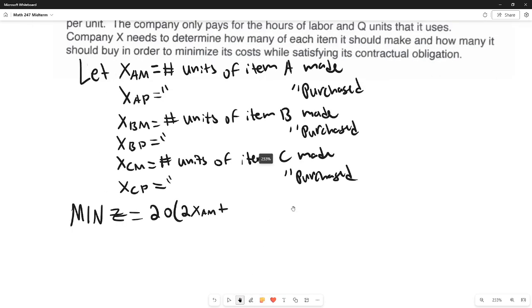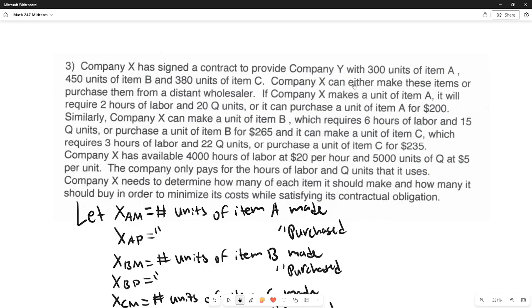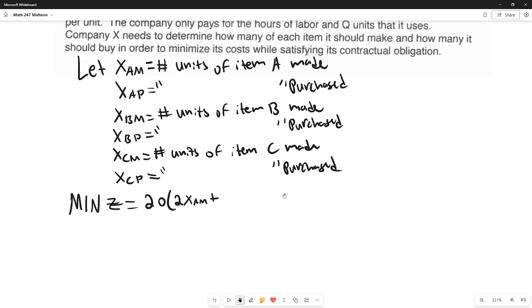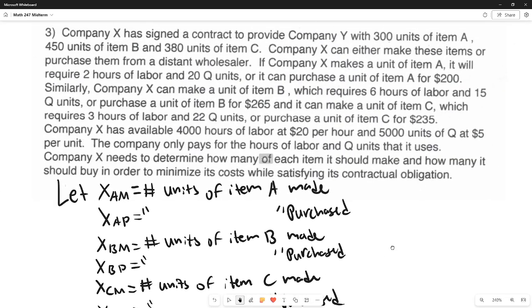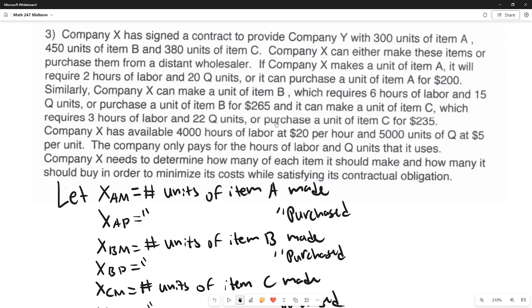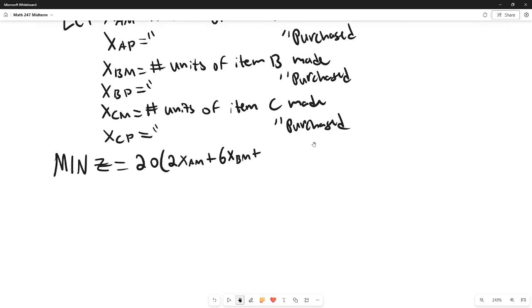And now for item B, if it's made, it requires 6 hours. So 6XBM. And then for item C that's made, it requires 3 hours.